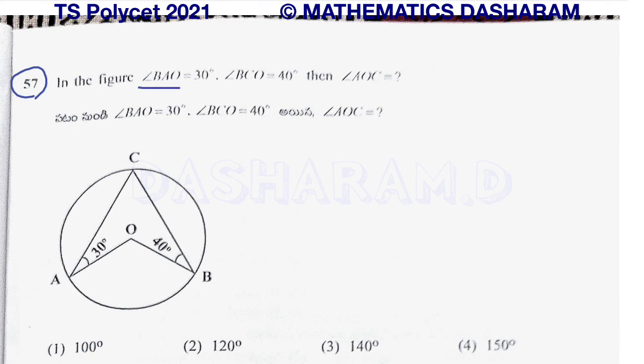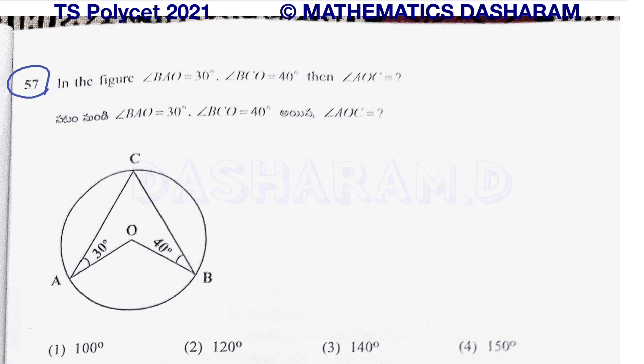In the figure, angle BAO is 30 degrees, angle BCO is 40 degrees, then angle AOC. See here BAO. So in the question BAO 30 is given, but in the diagram OAC 30 is given. BCO 40 is given, but in the diagram OBC 40 is given. Then it is asking what is angle AOC.